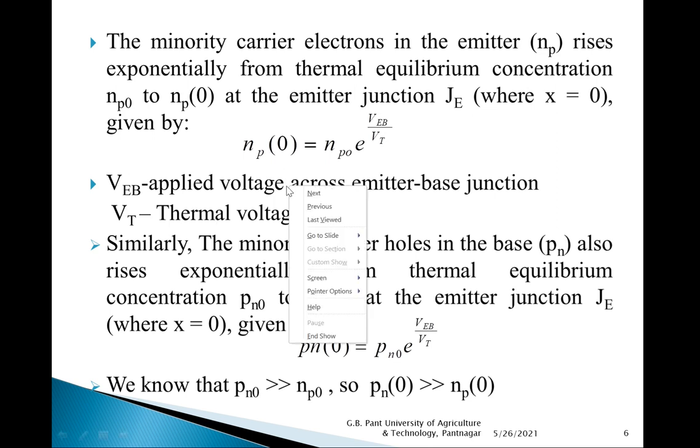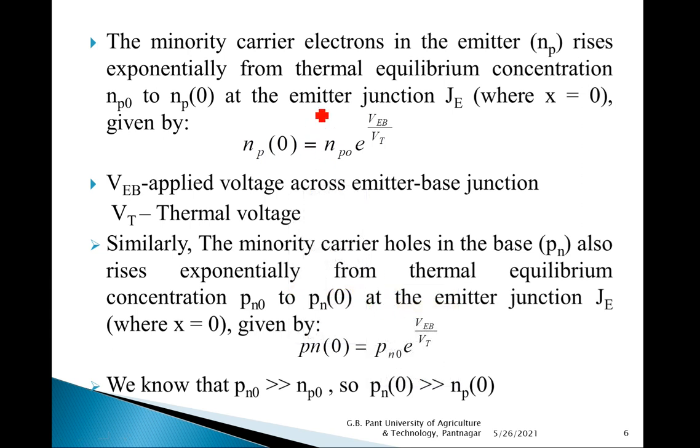Now in this case, what will happen? With the transfer of the charges, the minority carrier electrons in the emitter, so the electrons are minority charge carriers on the P type semiconductor side, the emitter side.